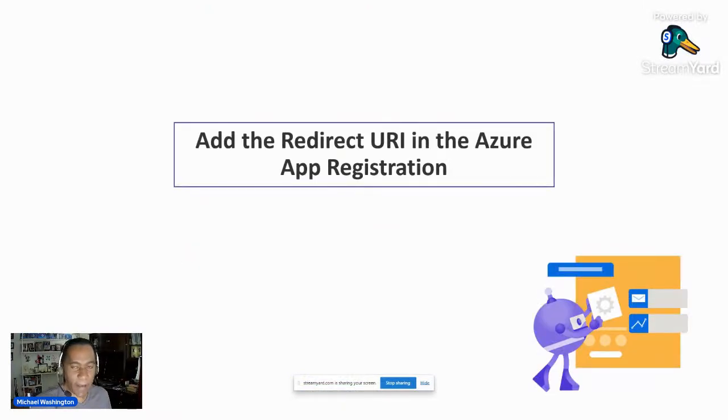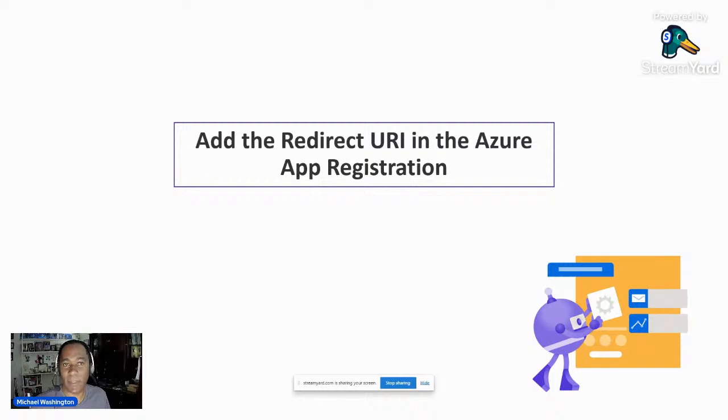So now that we have the application created, we now need to tie it into the Azure B2C tenant. So one of the first steps is we need to set the redirect URI. The reason why this is important is after a person clicks the login button into the application, they're directed to the Azure B2C tenant. The Azure B2C tenant will, of course, authenticate them.